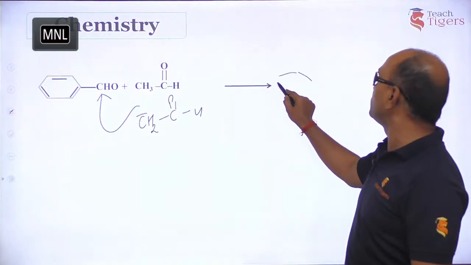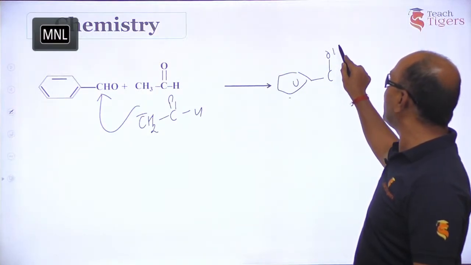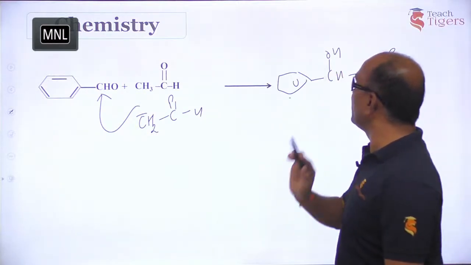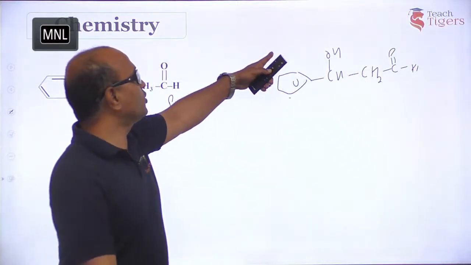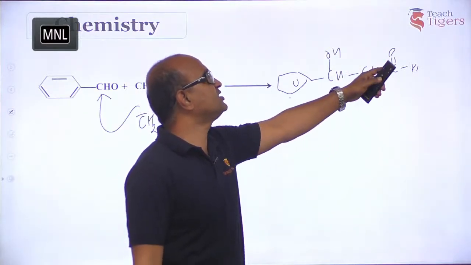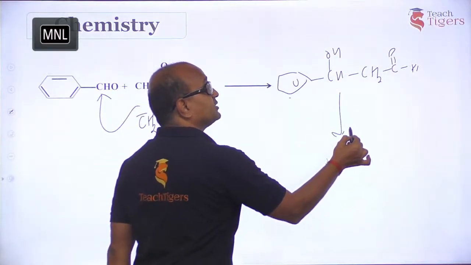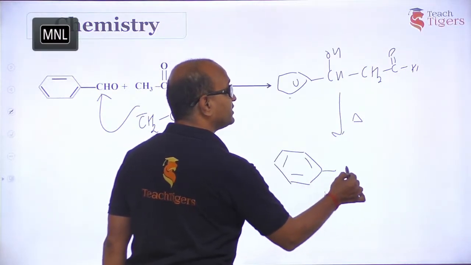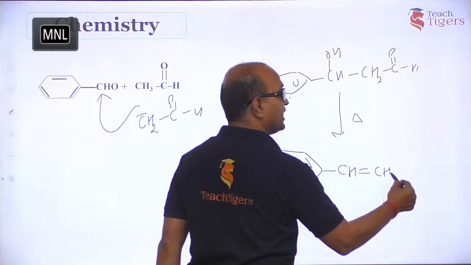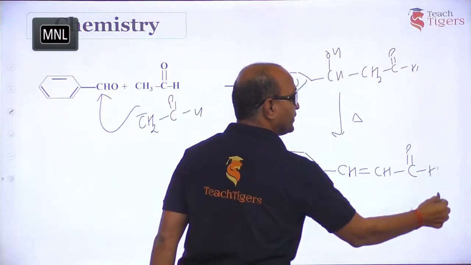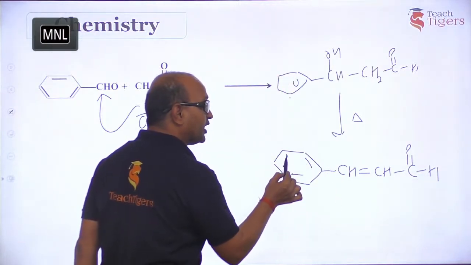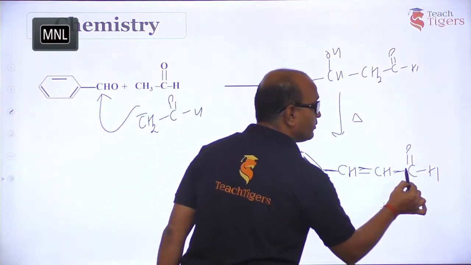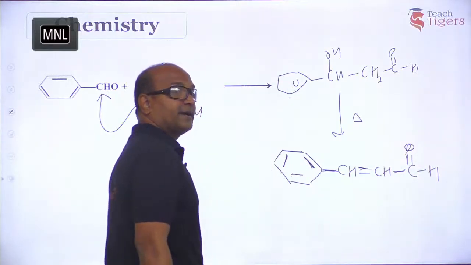So you are going to get this OH, and this is our product. Even here you have a beta hydroxy aldehyde. When you heat this, can you see that this is going to give CH double bond CH, C double bond O. Now you have conjugation even with the benzene ring, pi single bond pi single bond pi. So this is a stable product here, right?